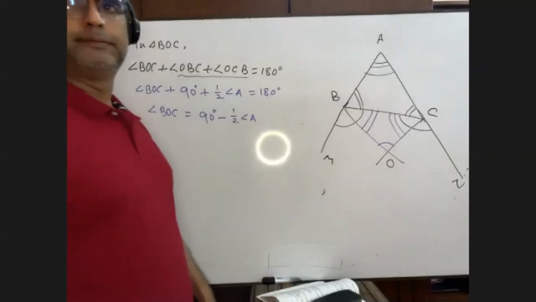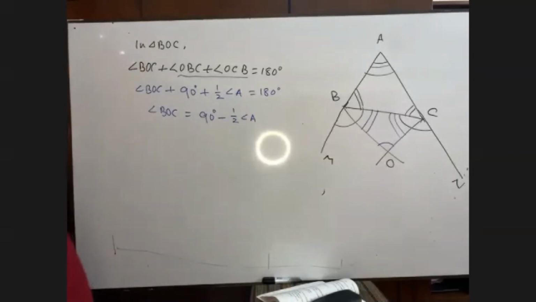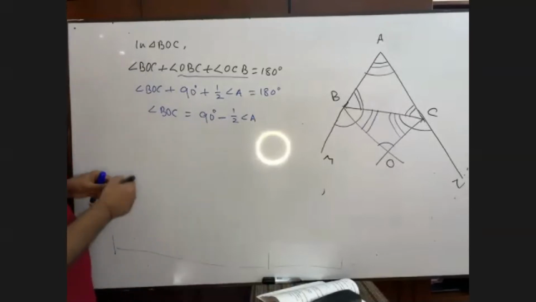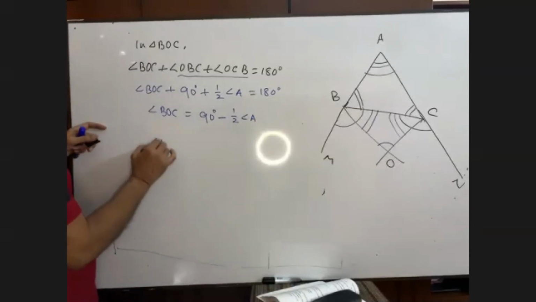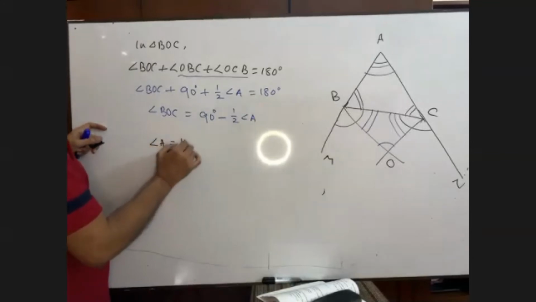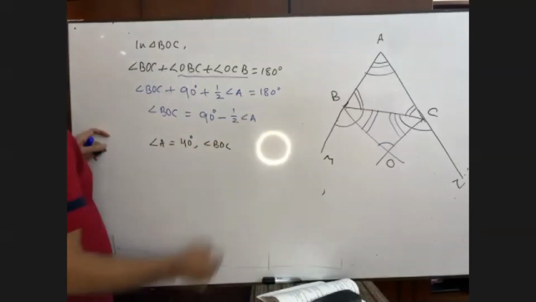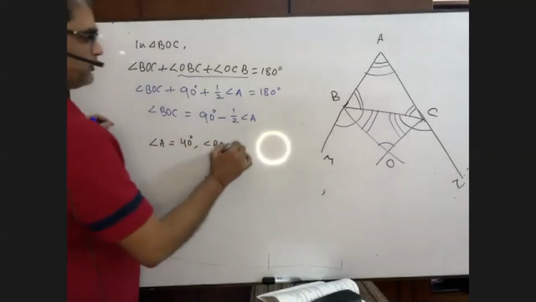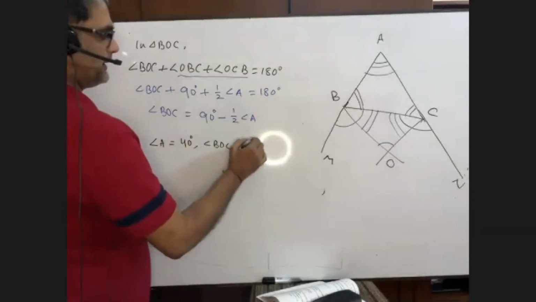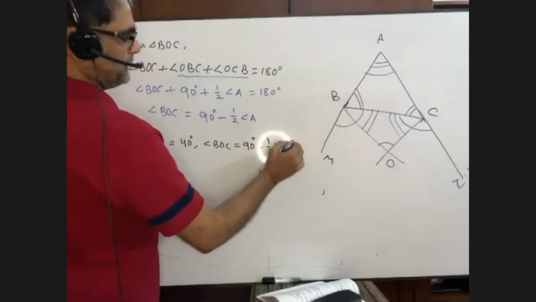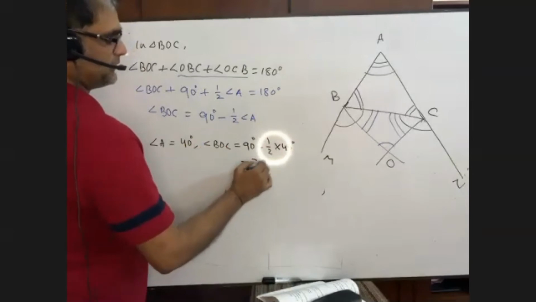Fine, that's good. Now, like the previous math, if it is told angle A equals 40 degrees, what is angle BOC? So 90 degrees minus half of 40 degrees, which is 20 degrees, so BOC will be 70 degrees.